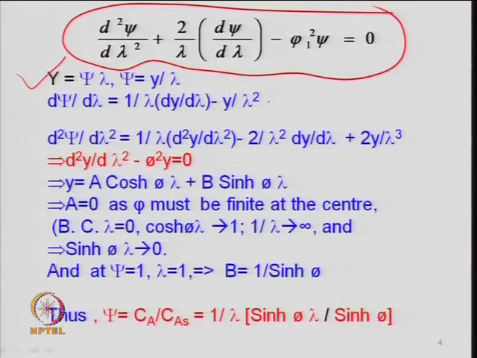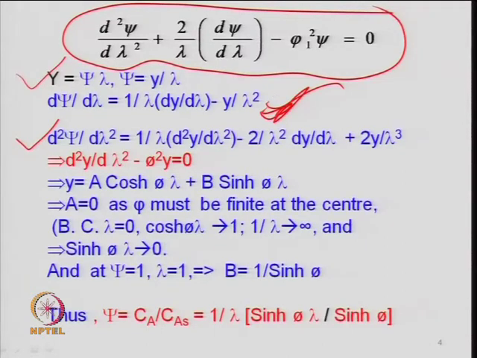Now, do the second differentiation of this. So, one can very easily find out the value of d 2 psi by d lambda square, just differentiating again. So, 1 by lambda, differentiation of this, then dy by d lambda, again differentiation of the second function, and the same thing here for the differentiation of the third function. So, one can very easily do this differentiation.